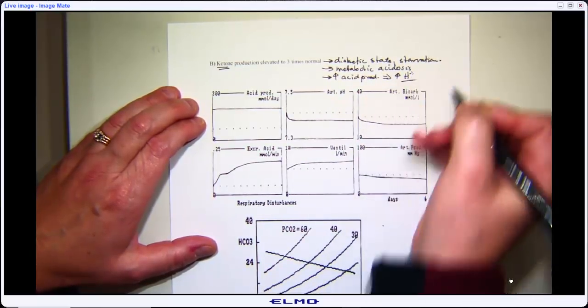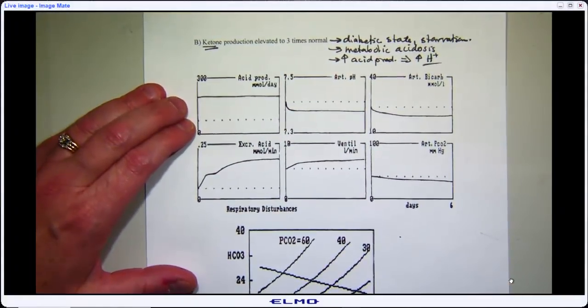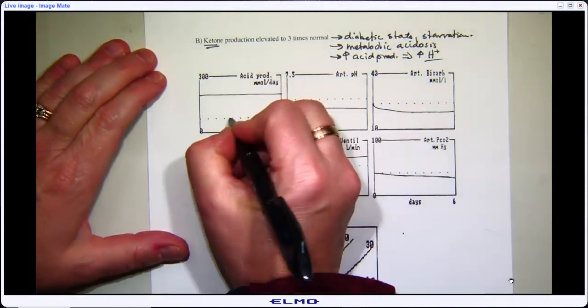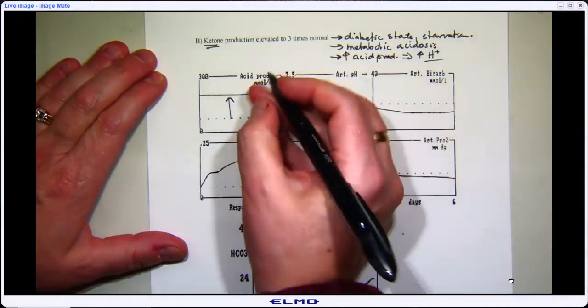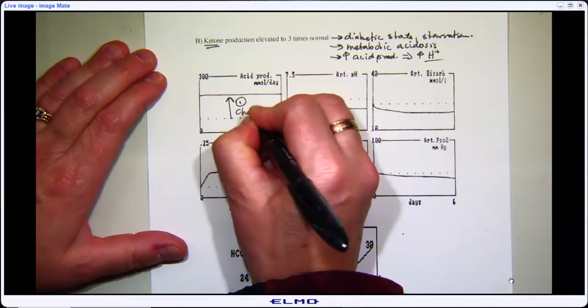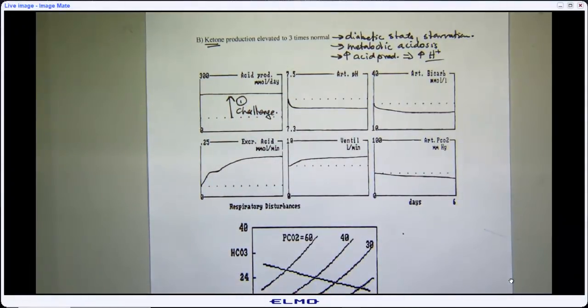So the problem presents itself in terms of how we disrupted a regulated variable, right? So we have a graph of acid production right here. Okay, so there's our challenge.